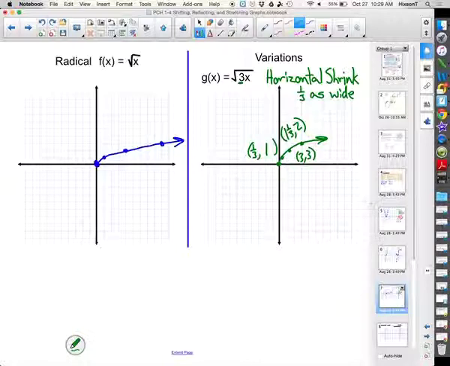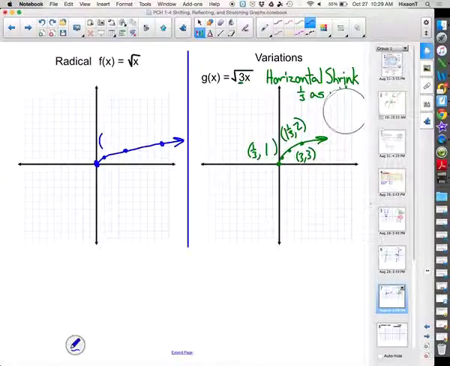I get the whole 1/3 thing. I don't get how you got the points. Think about your x coordinates. It's going to be 1/3 as wide. So this was the point, and maybe as wide isn't a great way to say it. Maybe instead you could say 1/3 as far from the y-axis.